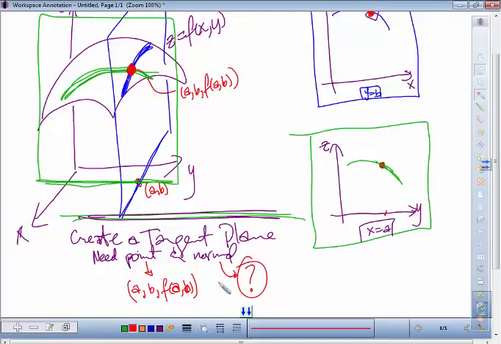See if you can look at my drawing. Find two other points. If I find another point, it'll probably be on the surface, so it's not going to be exactly on the plane. That's close.